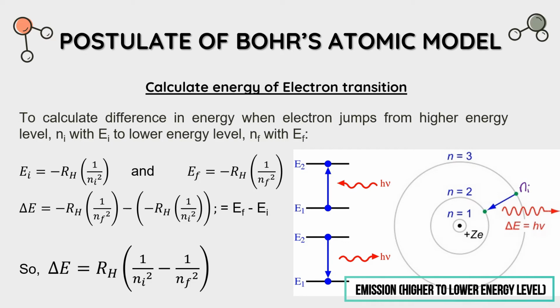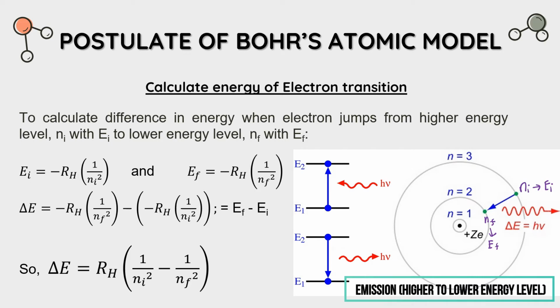And from this Ni, you can find the value of its energy, which is Ei. And then electron falls to the lower energy level here. So the lower energy level will be our final destination. So this will be Nf. From this Nf, you can also calculate its Ef.